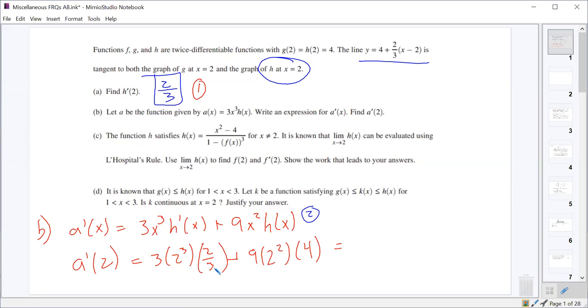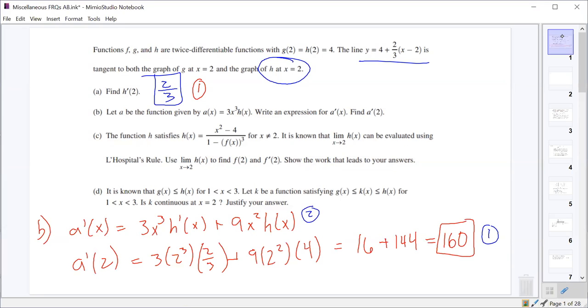The 2/3 and the 3 cancel out, so that's 2 to the 4th power, which is 16, plus another 16 times 9, which is 144, so that'd be 160. And that was another point if you got that value at the end. Any questions there on part B?